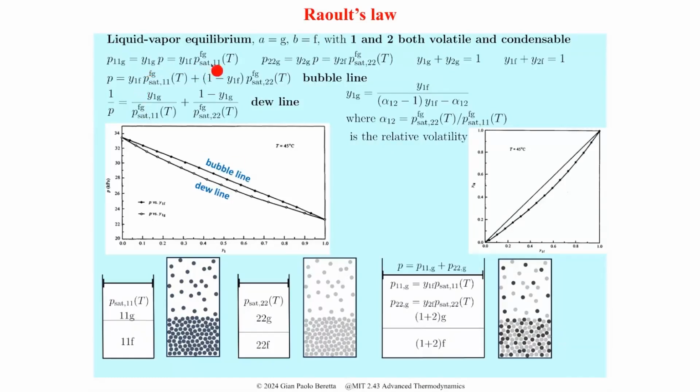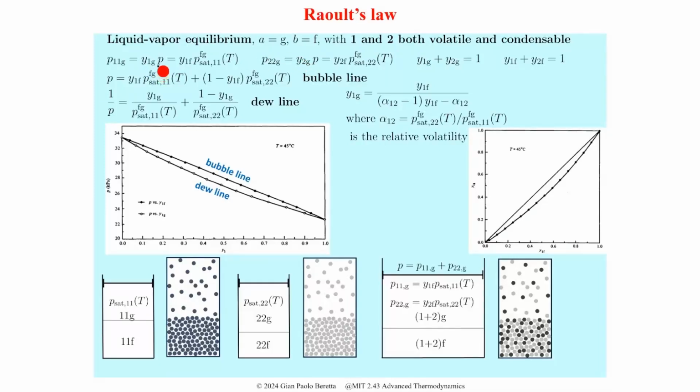In any case, when we have the two Raoult's equations, we can usefully combine them by using the obvious fact that the mole fractions add up to 1. So, for example, I could add this and that. If I add these two, you see y1g plus y2g is 1.